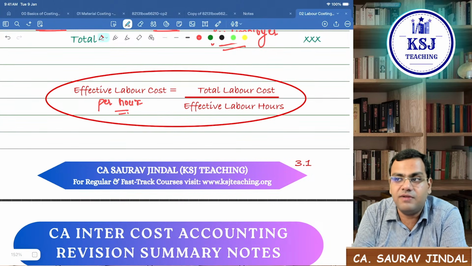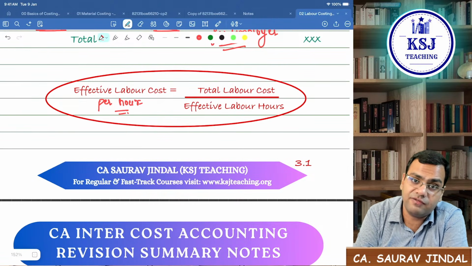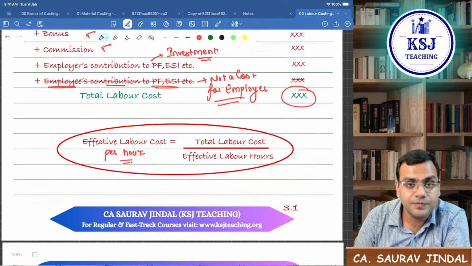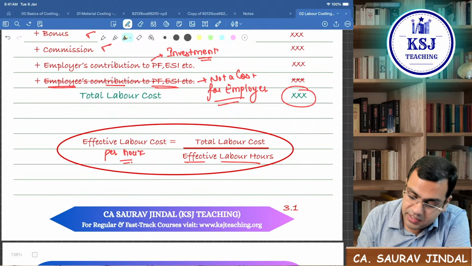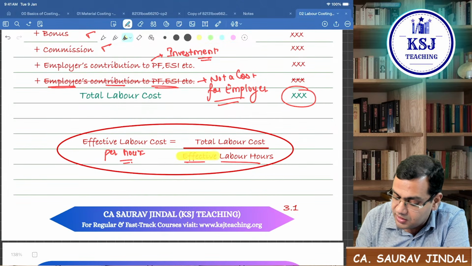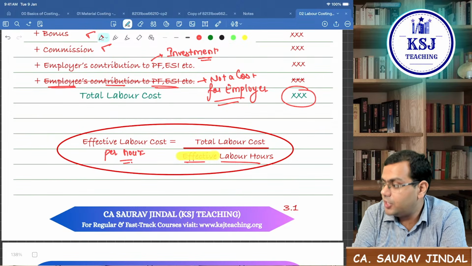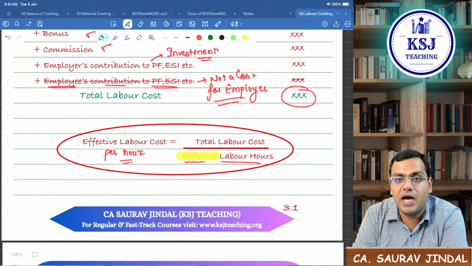For every 1 hour which the employee is working in my factory, what is the cost that I have to bear? So the total labor cost I have calculated here is divided by the effective labor hours. Now see the word I have used here: effective labor hours. What do you mean by effective labor hours? Effective labor hours means the number of hours for which the worker is involved in manufacturing.